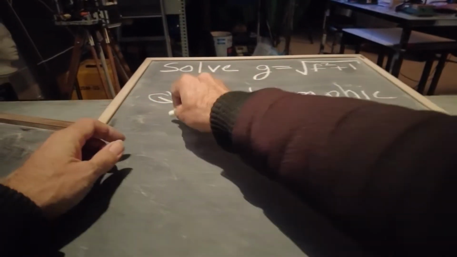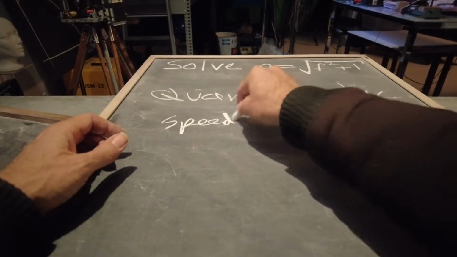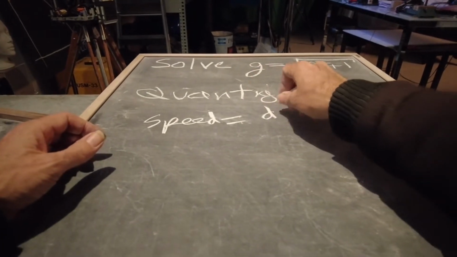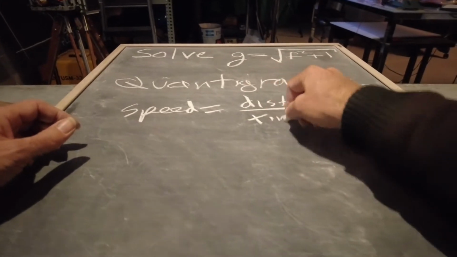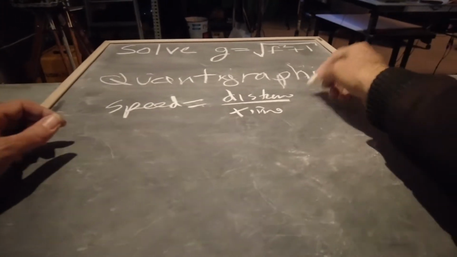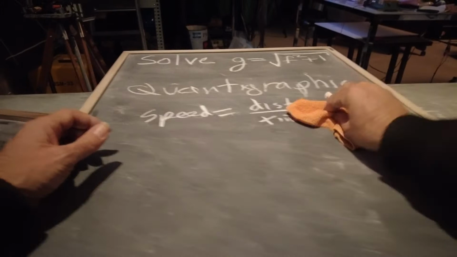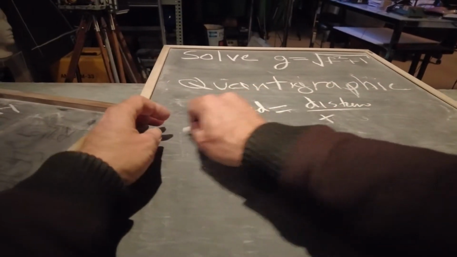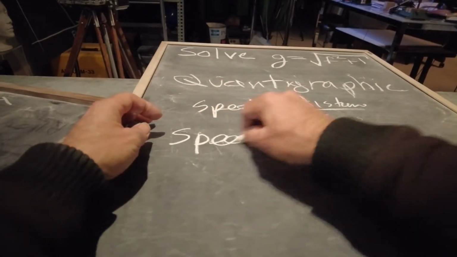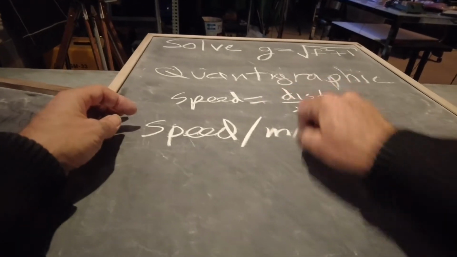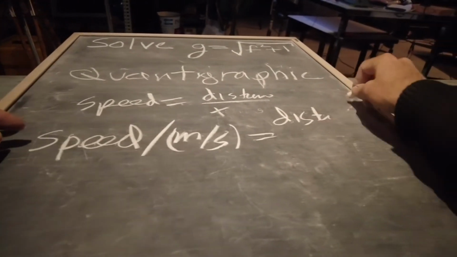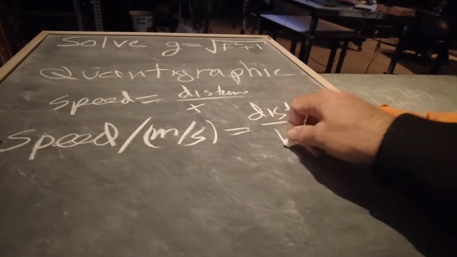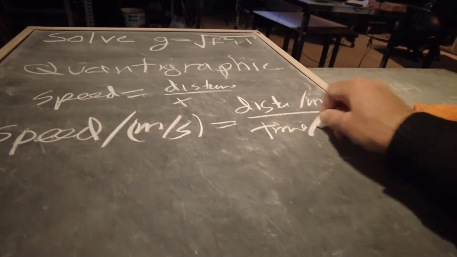speed equals distance divided by time, meters per second. So a more right way to say that, in terms of units, is speed divided by meters per second equals distance divided by meters over time divided by seconds.